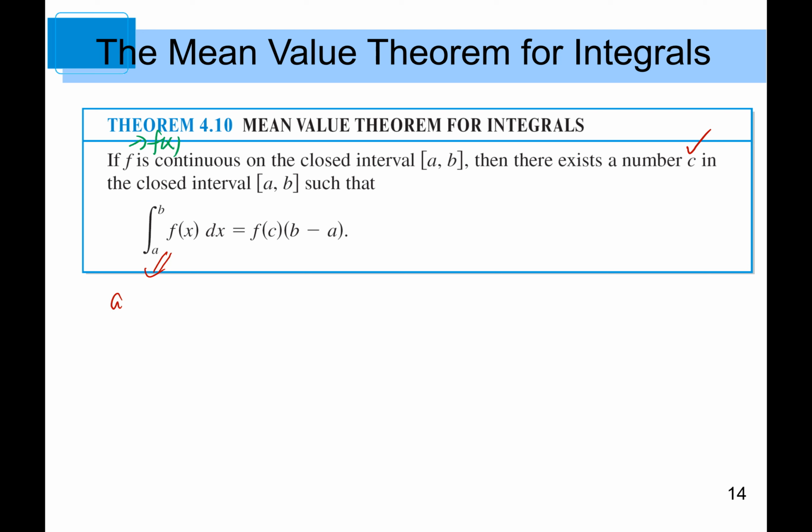This is the area under the curve. This f of c is the height, b minus a is the base of the rectangle. And the rectangle has the same area as the area under the curve.